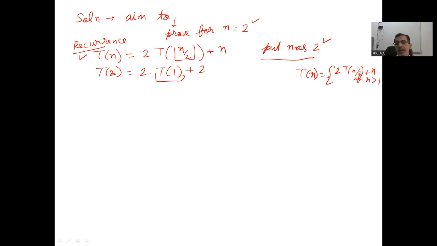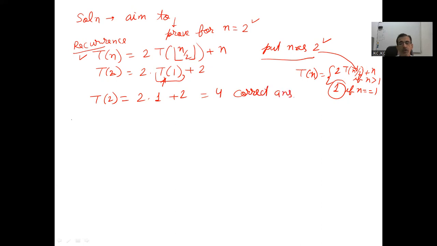So corresponding to n as 2, this definition was applicable. But Tn is equal to 1 if n is equal to 1. So use this value here. It will become 2 into 1 plus 2. That becomes 4. So ideally, I should get T2 as 4. Correct answer, T2 is 4.